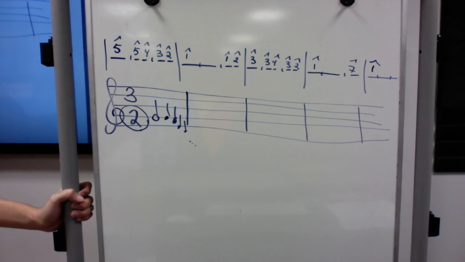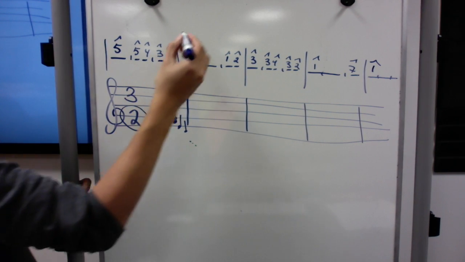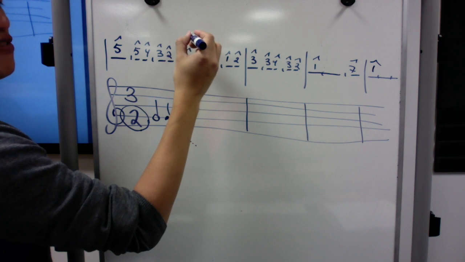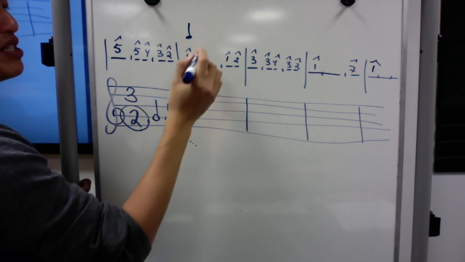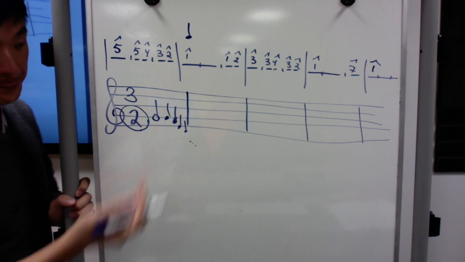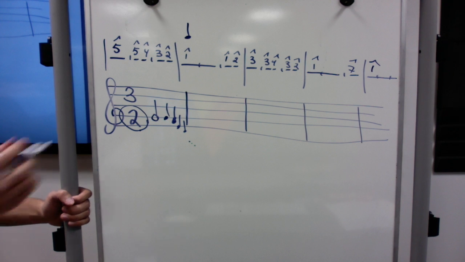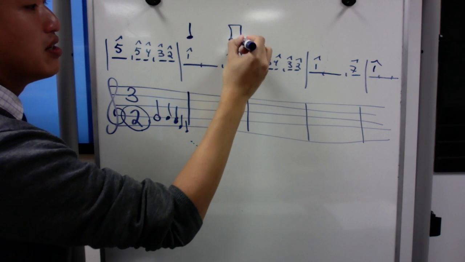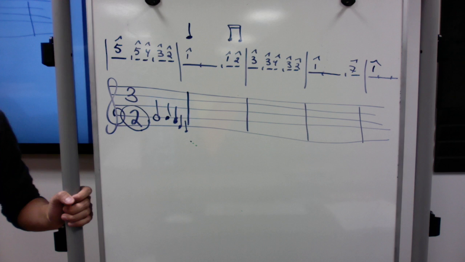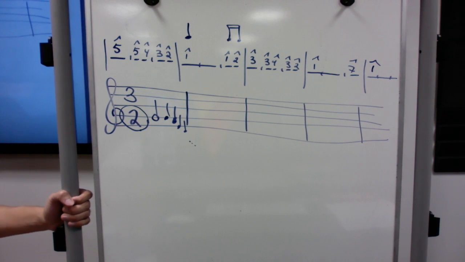Whole note. If this were represented by a quarter note, then what's the bottom number? If this whole rhythm here is represented by this, then the bottom number is 8.